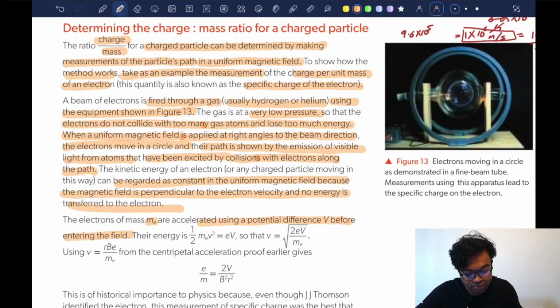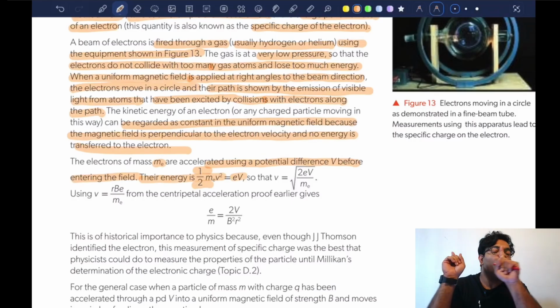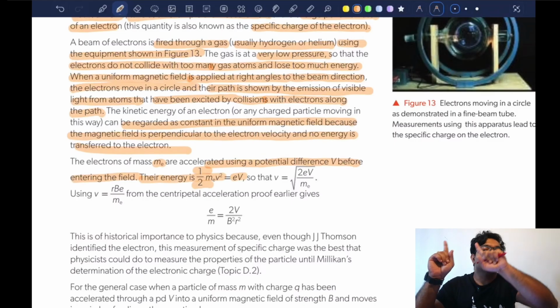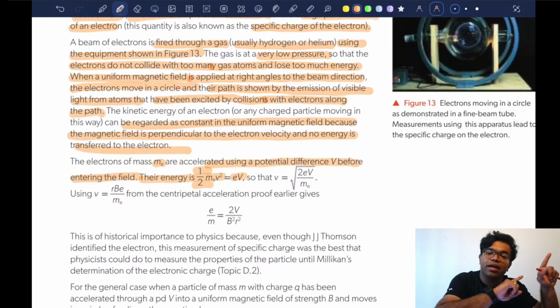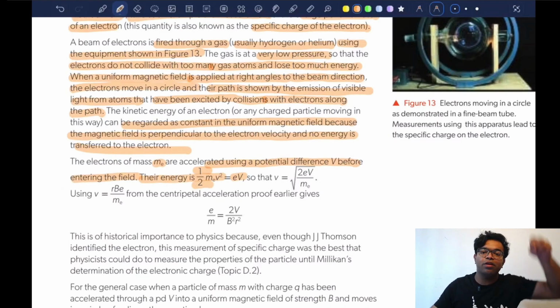Okay, now, so their energy is half m_e v squared. We also know this: half m v squared is the kinetic energy, and it is equal to eV. So what is the kinetic energy that the electron had in the end? It is going to be equal to the potential energy that it gained from the potential difference. See, that's the same thing that is happening when you drop a ball from a certain height.